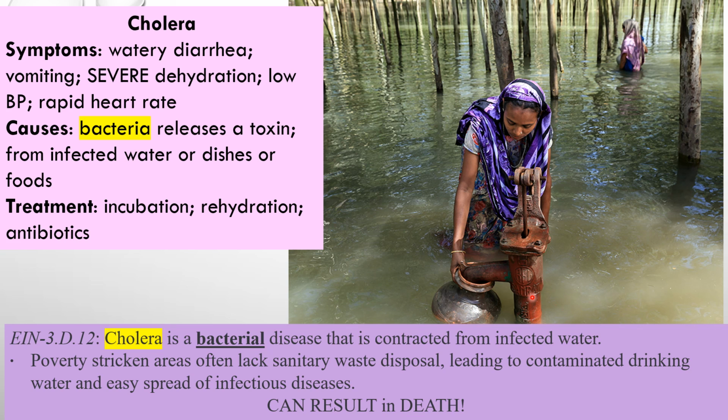So the bacteria is then in the water, so we're calling it infected water. You can get it from dishes, you can get it from foods, you can get it just from drinking the water and not completely sterilizing the water. And it's a bacteria, and it's called cholera. And it's definitely related to sanitary waste disposal.